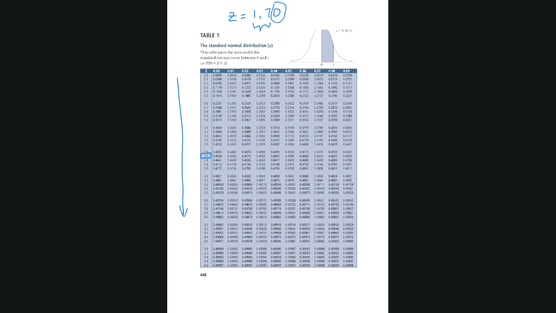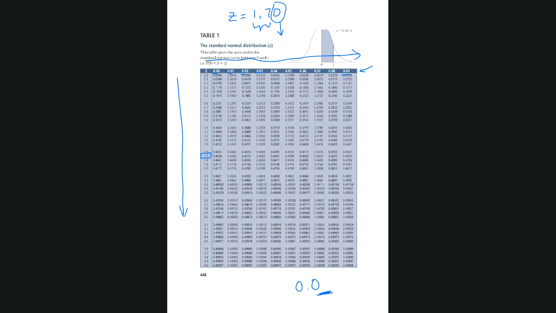And if you look at the heading of this first row here, it has 0.00, 0.01, 0.02, 0.03, all the way to 0.09. So as you can see, the first 2 digits are always 0.0 across the table. And now the last digit from your value is going to tell you what the last digit is here.